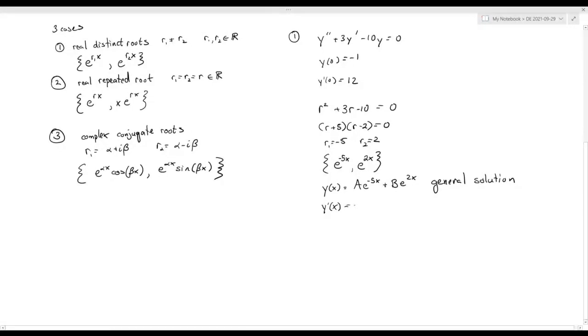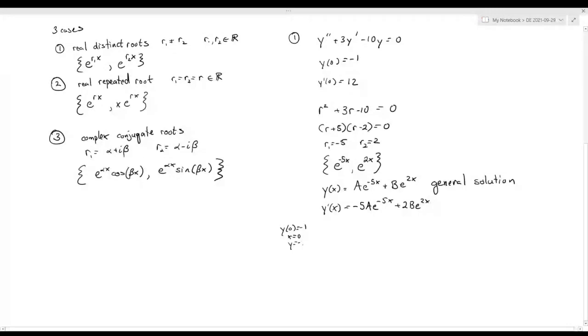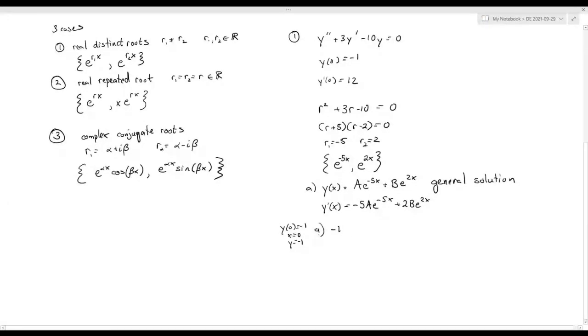So I'm just going to differentiate. Okay. And then we see that y of 0 is -1. Okay, so when x is 0, y is -1. So plugging into equation A, we get -1 is A plus B, right?